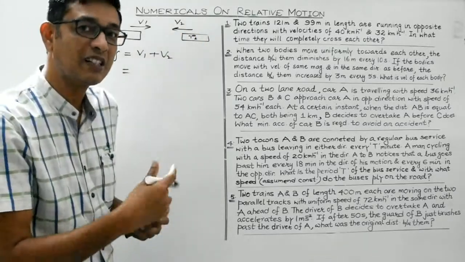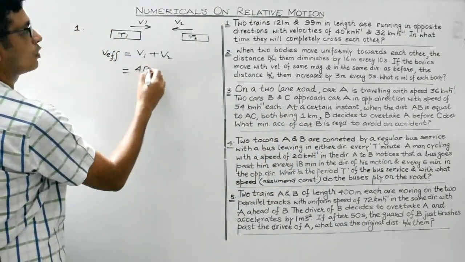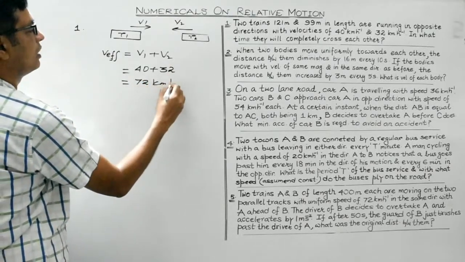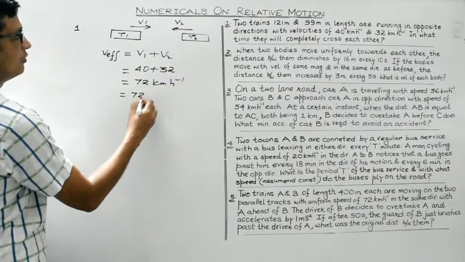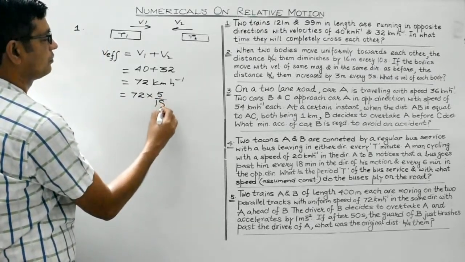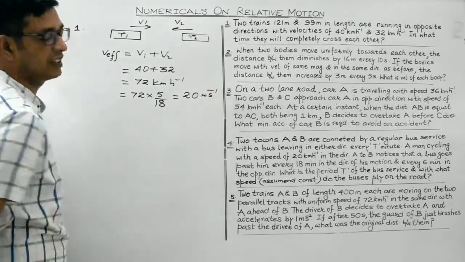It is the case of relative motion, as both the bodies are in motion, right? So it will be 40 plus 32, that is 72 km per hour. If you wish to convert it in meter per second, then we have to multiply it by 5 by 18. So it will be equal to 20 meter per second.